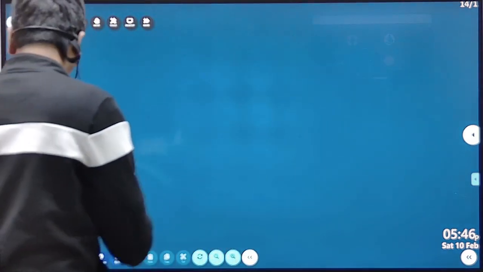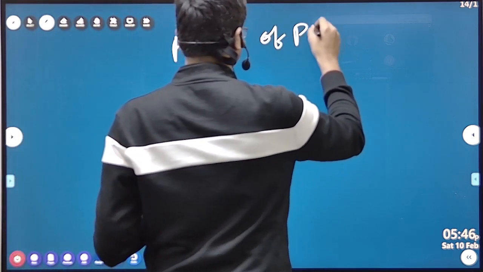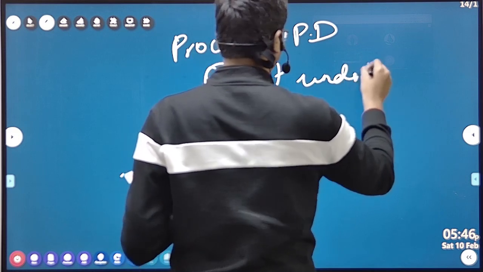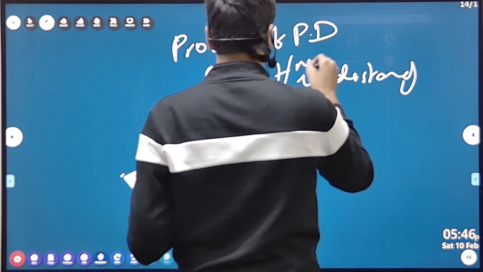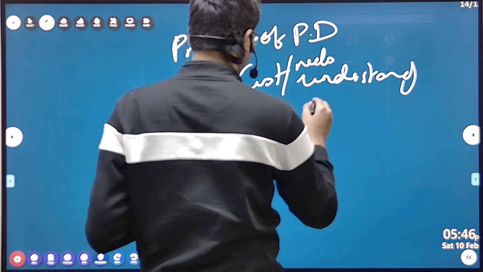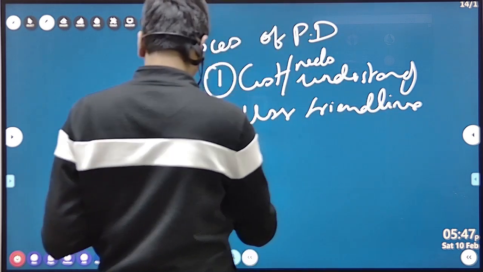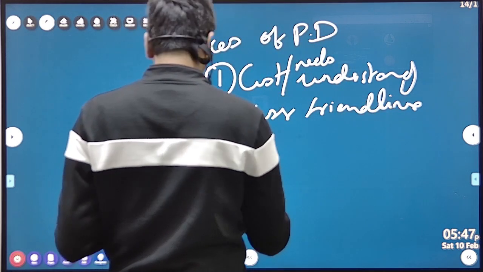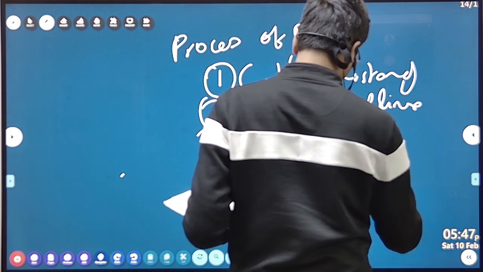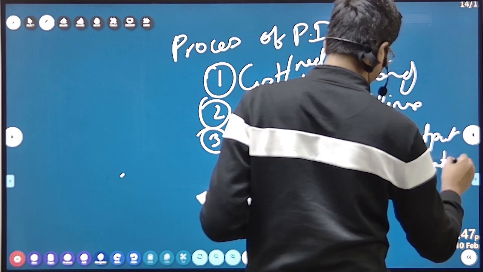We can summarize them as the process of product design: first is customer needs understanding, then user friendliness of the product, and it should have a balance between the cost and output, or features provided.